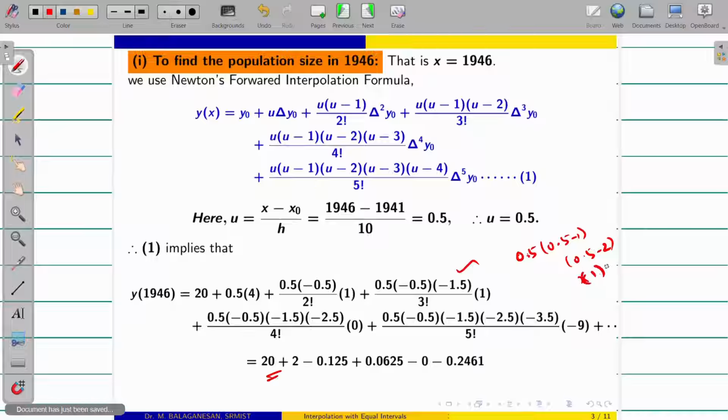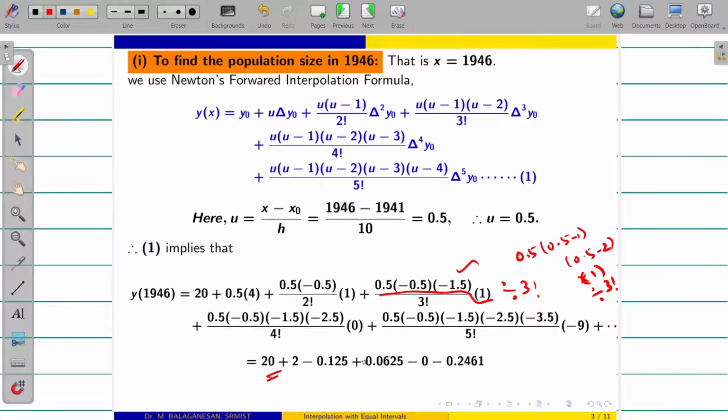Find this value, finally divided by 3 factorial. Each and every time you can solve it in your calculator like that. Don't do it manually because you will commit some mistakes. So give all the numerator values first, and finally divide by 3 factorial.